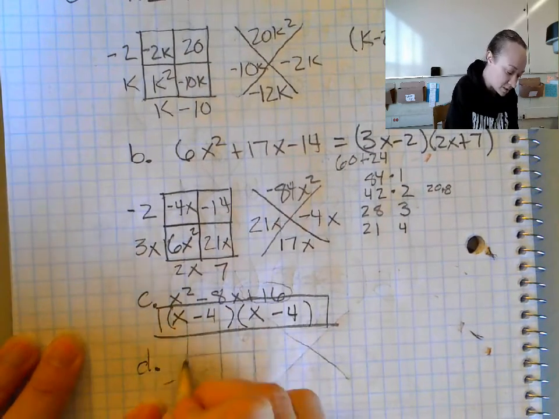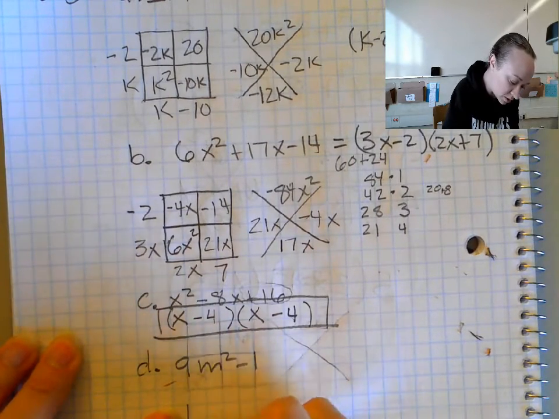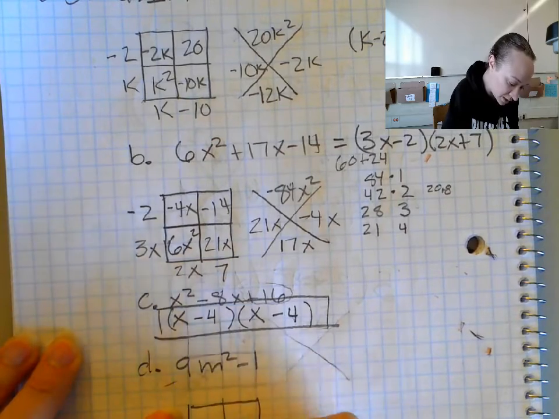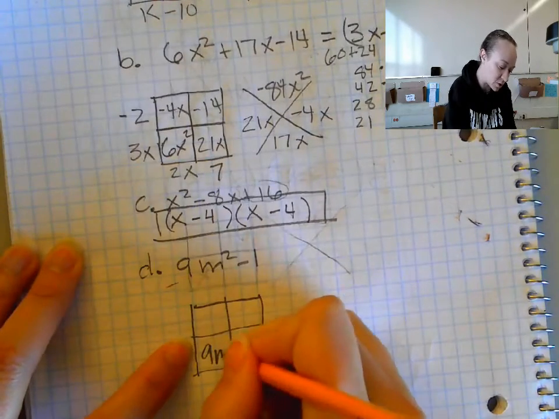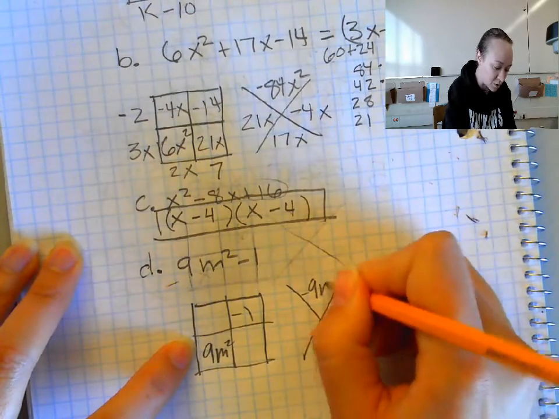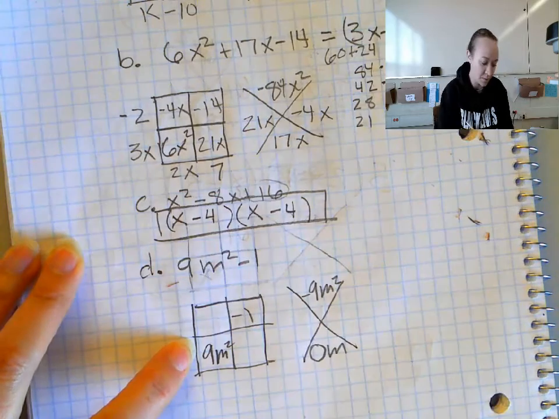And then on D, 9m squared minus 1. So here, this is one of those ones that's missing a term. But that's okay. It's just going to be a 0. So you're going to do 9m squared, negative 1. That gives me negative 9m squared and 0m down below.